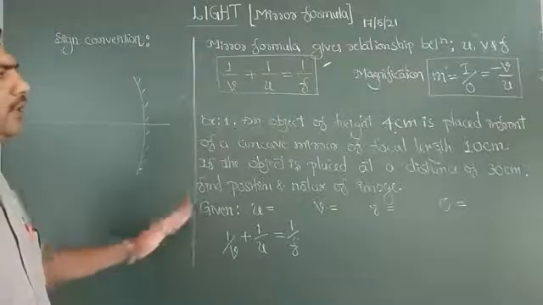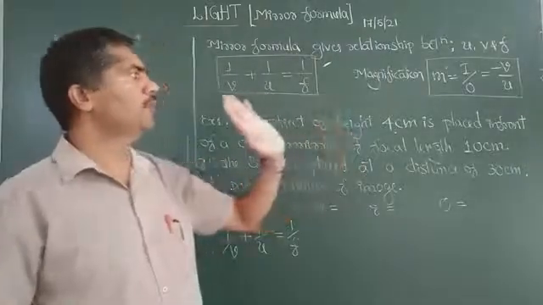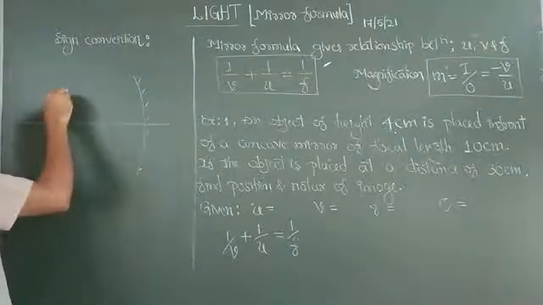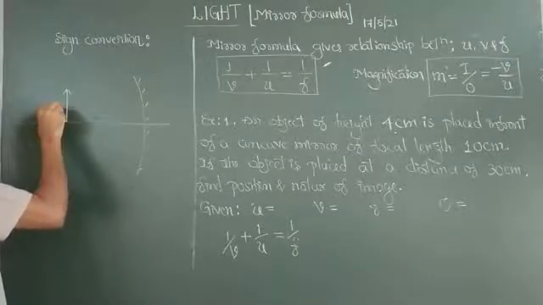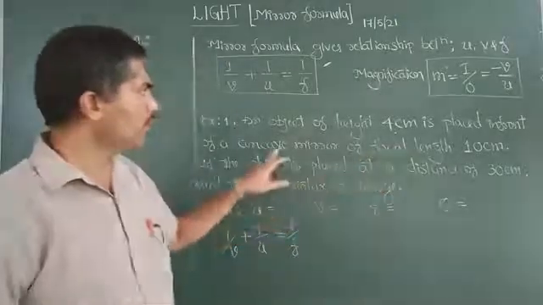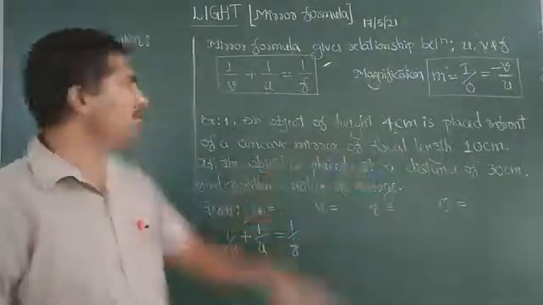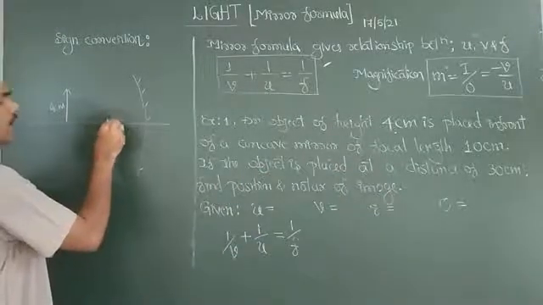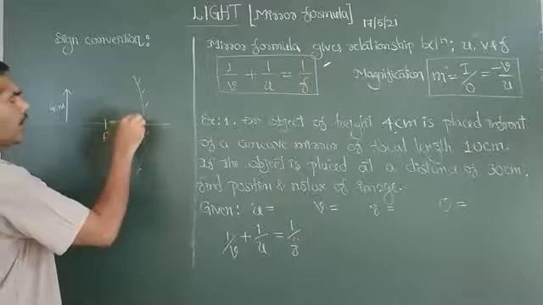Where it is placed, I don't know from the first sentence, but I know the height of the object is 4 centimeter. It is placed in front of a concave mirror of focal length 10 centimeter. So simply represent the focal length as 10.